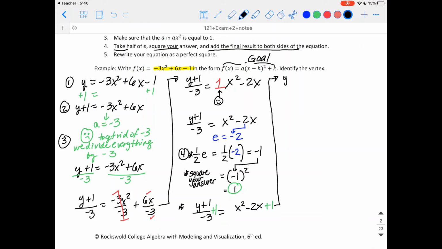I have y plus 1 over negative 3, and then I have a plus 1, is equal to x squared minus 2x plus 1. If the process is done correctly, this trinomial is factorable.